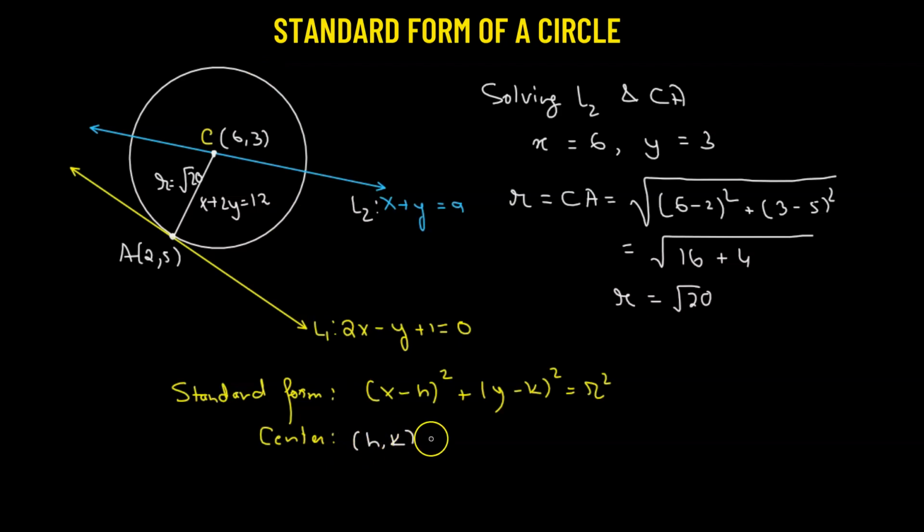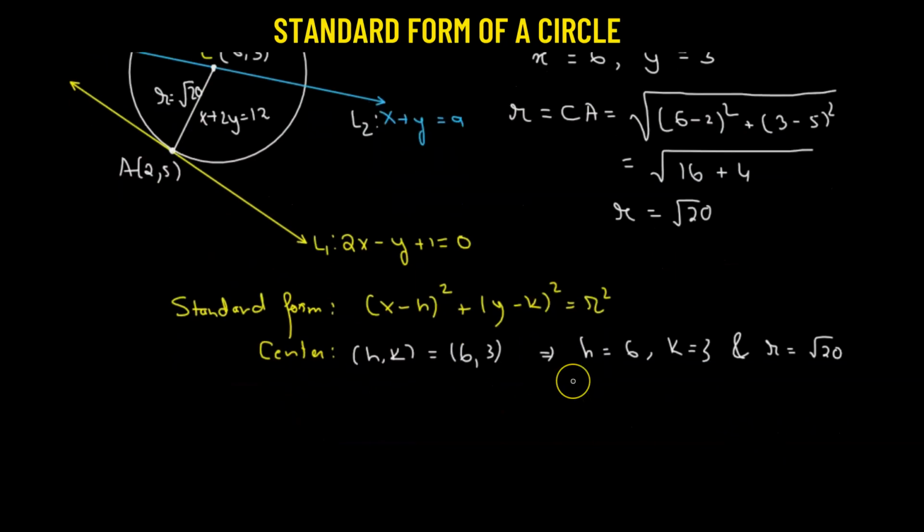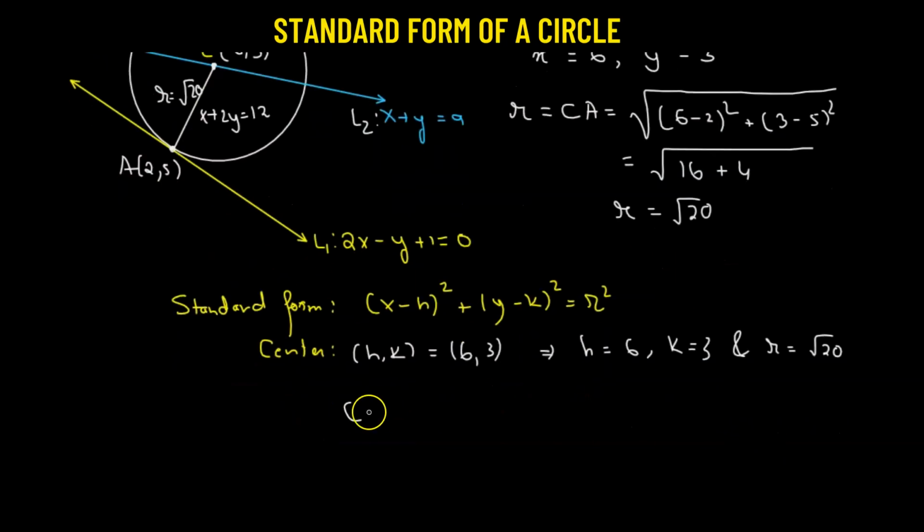So this came out to be 6 comma 3, which implies that the value of h is going to be 6 and the value of k is going to be 3. And we have also found out the radius, that's equal to square root of 20. So we can substitute this into our formula to finally get x minus 6 whole squared plus y minus 3 whole squared equals r squared, that's 20. So this is going to be the equation of the circle.